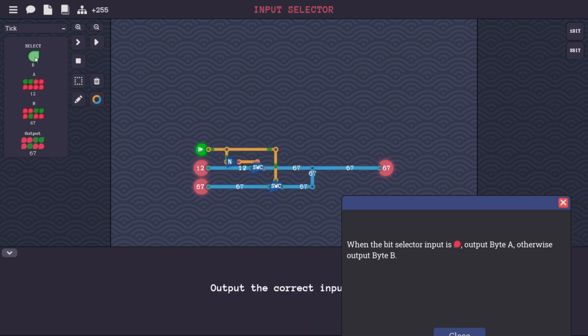So if we have this right now, our input is on, our selector selects B, so B is selected, and that's why we have an output of 67. And if it's off, we should get an output of 12, since now this switch is powered.